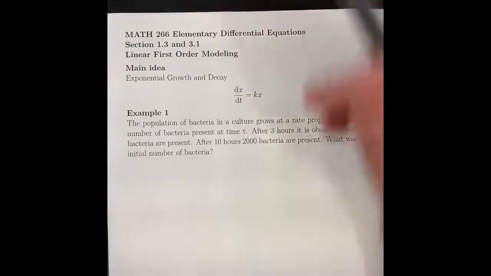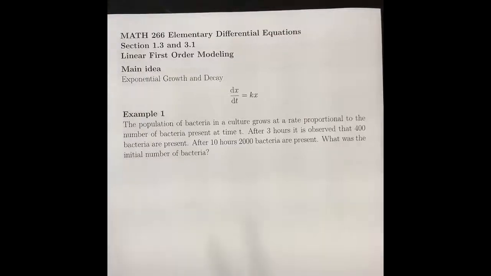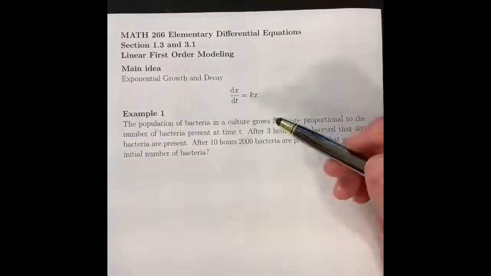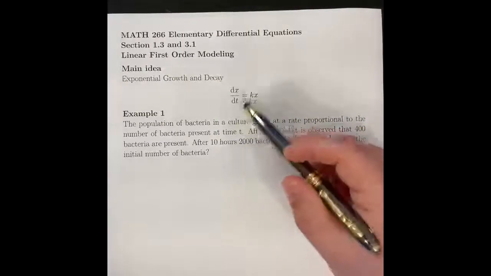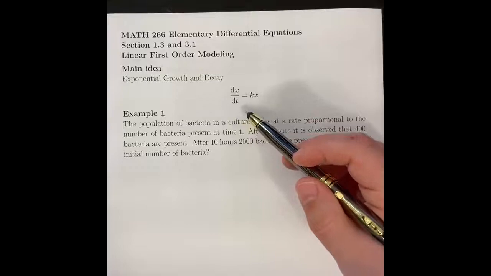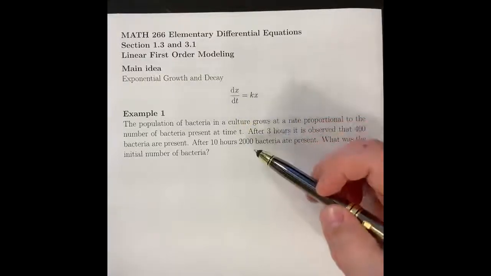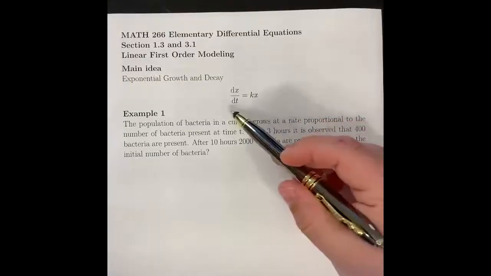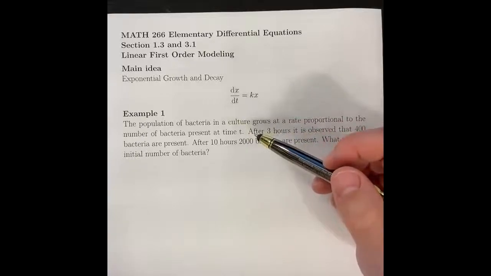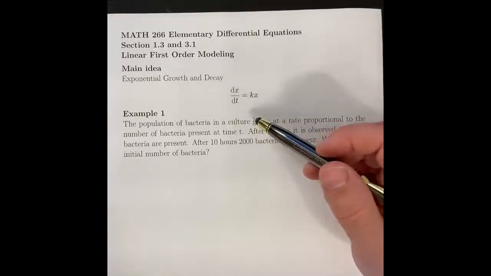Okay, and so kind of the main idea in this case where we're dealing with linear and first order, the idea is we want to know about something and we know that its rate of change, its derivative, is proportional to itself in some way. And so we get a differential equation that looks like this: dx/dt = kx.